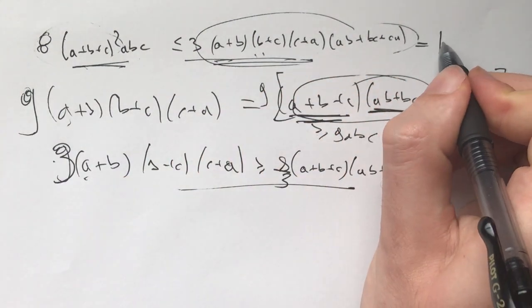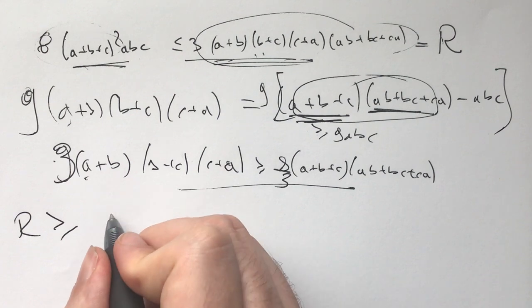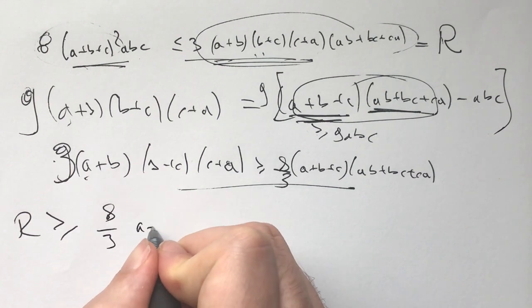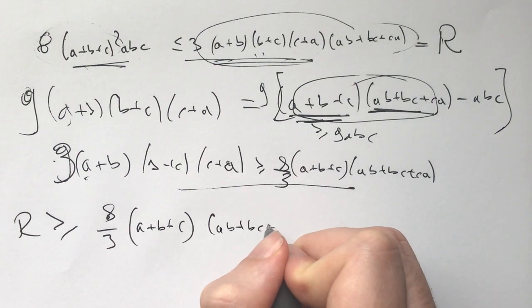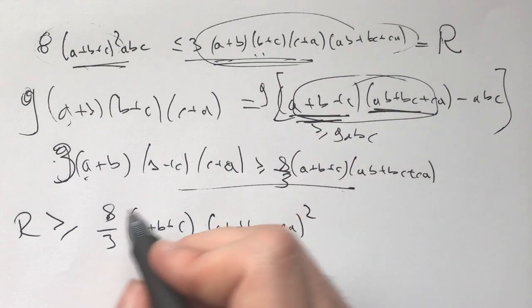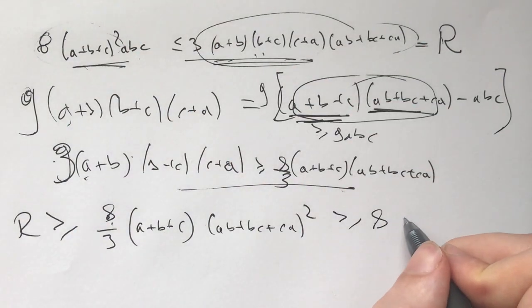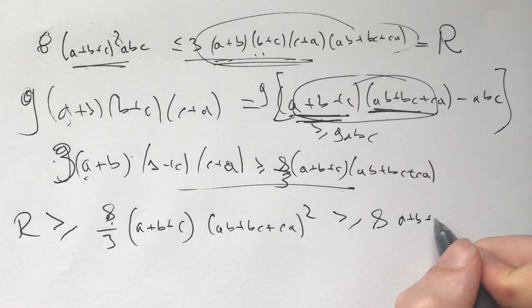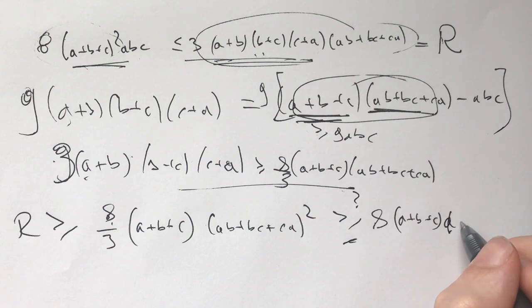So we would have that. Call this the right-hand side R. We'd have R is greater than or equal to what? 8 over 3, a plus b plus c times ab plus bc plus ca squared. And now what's enough for us to prove, actually, is that this is greater than or equal to 8 times a plus b plus c, this is questionable, is it true or not, times abc.